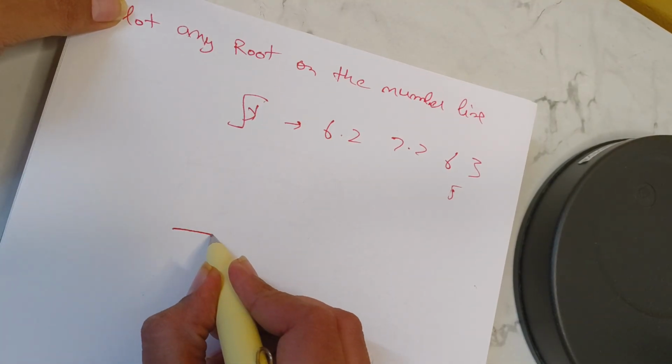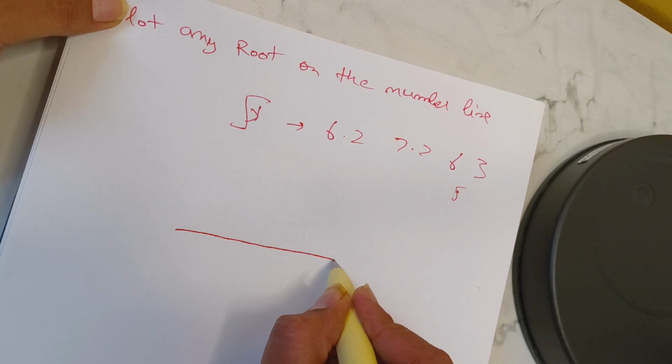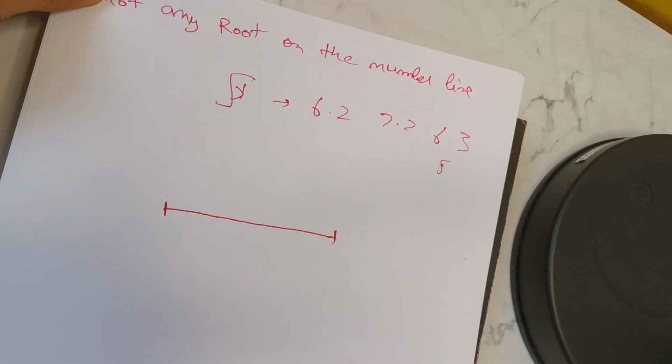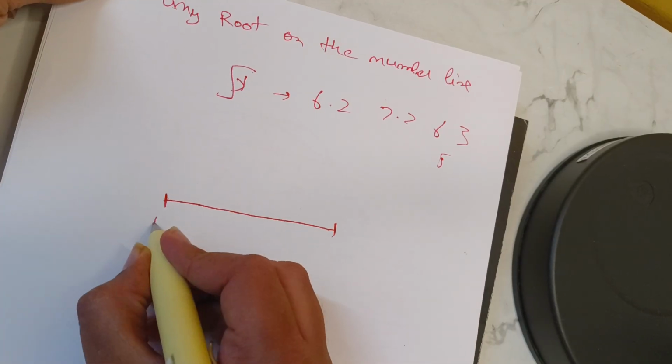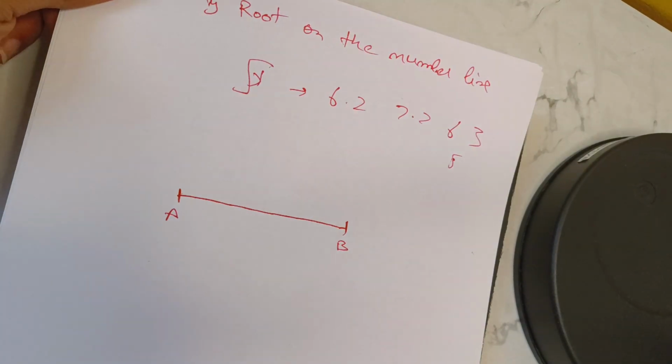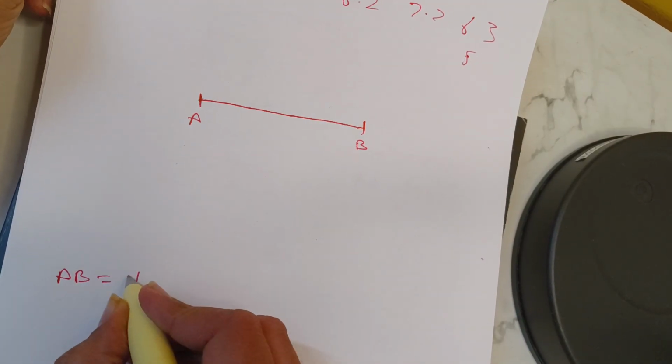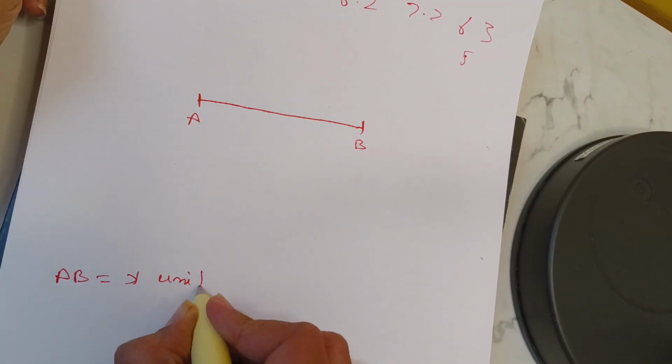So we will draw a line measuring x centimeter, x units. So this AB, we will draw AB equal to x units.